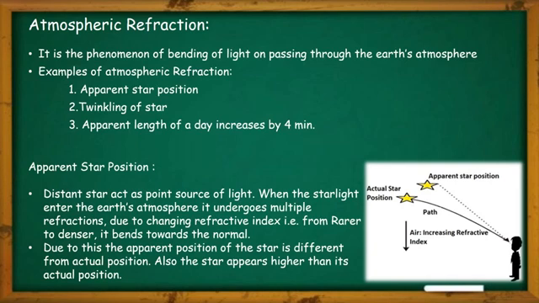That is, whenever light enters from a rarer medium to a denser medium, it bends towards the normal, so atmospheric refraction happens, and due to this, the apparent position of the star is different from its actual position. The original or actual position of the star is something different, and the position which is visible to us is something different. This happens only because of atmospheric refraction.